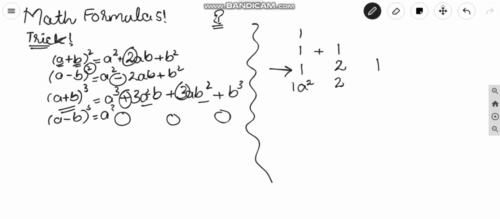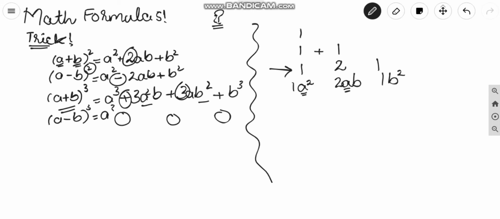Then you have to write this coefficient 2, reduce the power of the first variable and increase the power of the second variable. Now lastly, write 1, reduce one more power of the first variable and increase one more power of the second variable. This is the formula of (a + b) whole square.